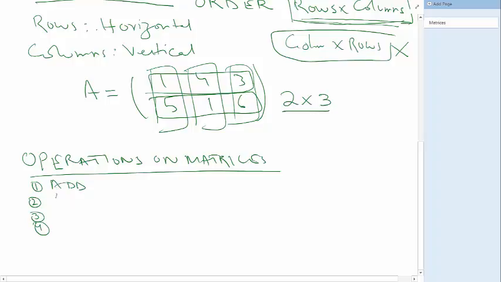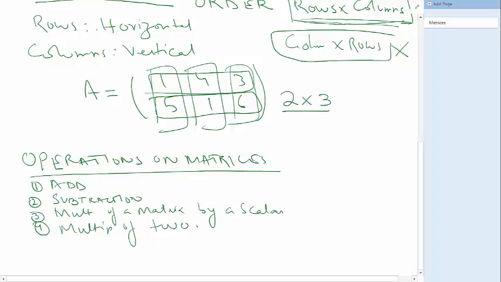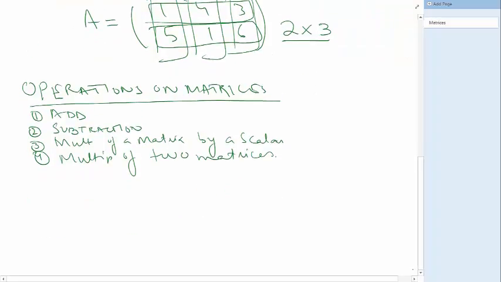One is addition, second is subtraction, third is multiplication of a matrix by a scalar or a number, and fourth is multiplication of two matrices. Since addition and subtraction follow the same principle, we will discuss them together under one heading.